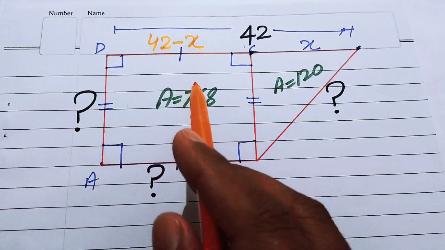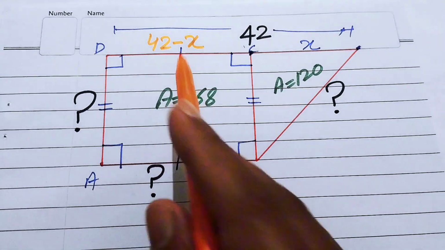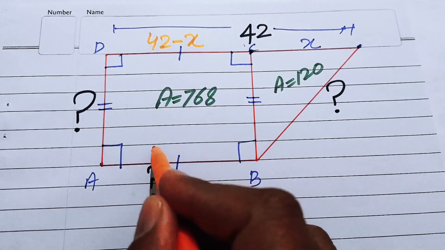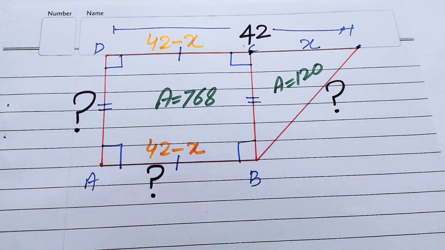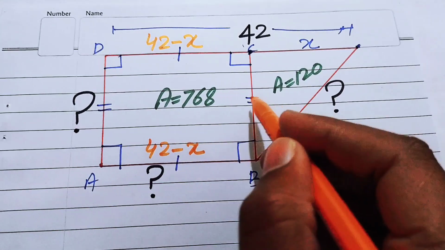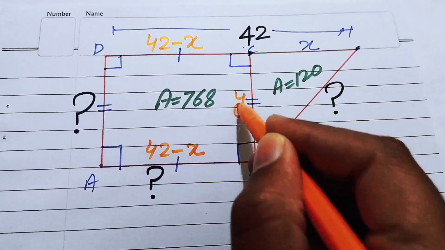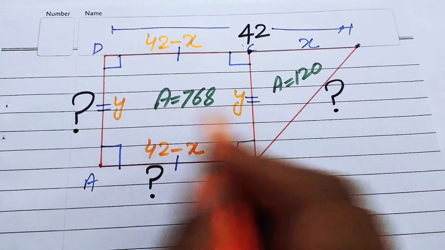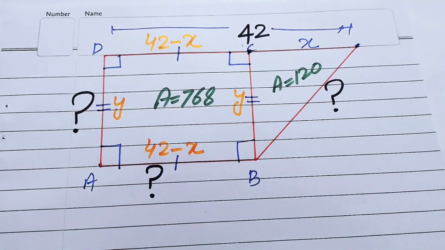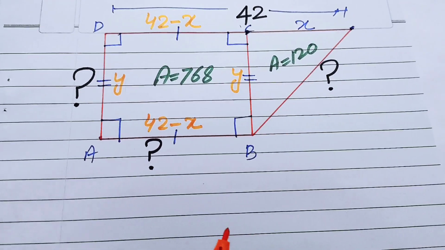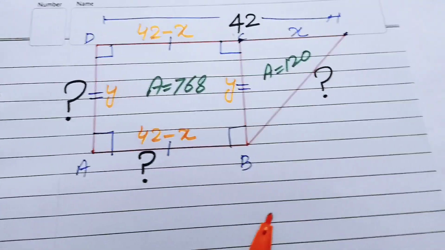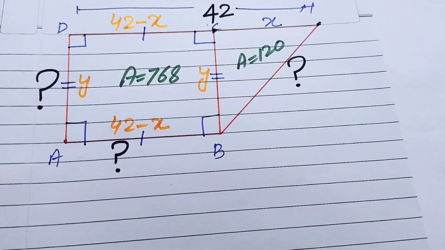Because this is a rectangle, opposite sides are equal in length, so this side is also 42 minus x. After that we suppose this side has length y, because we need to find these values.